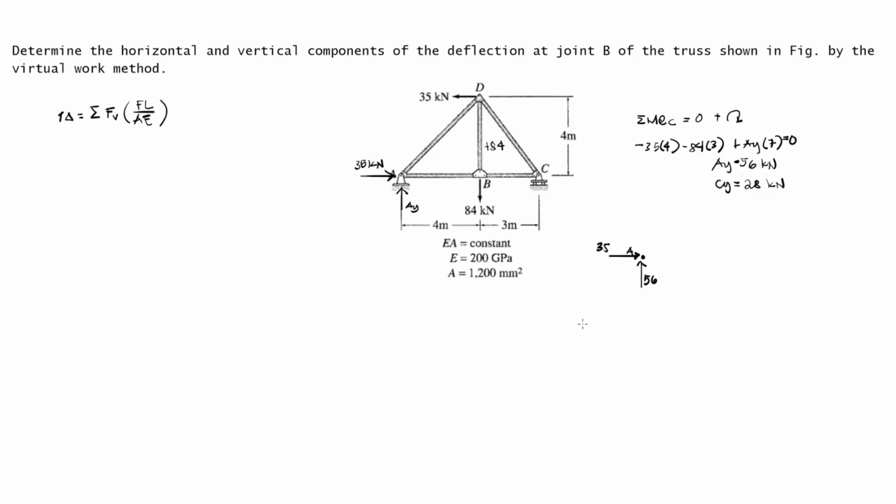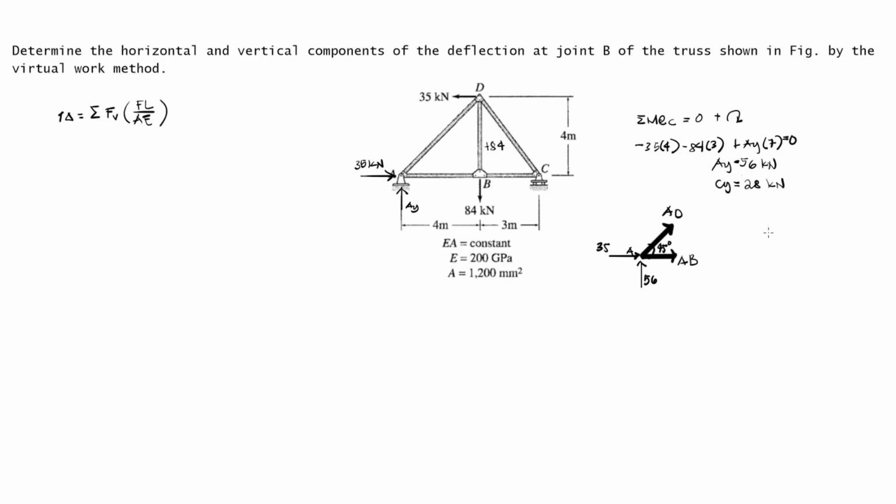Then we have the member forces for AD and AB. Assume tension always. This is AD and this is AB. We get the angle here: the angle of AD, with 4, is 45 degrees.